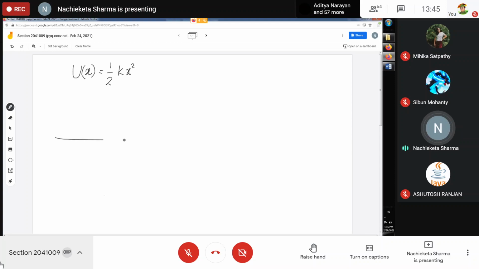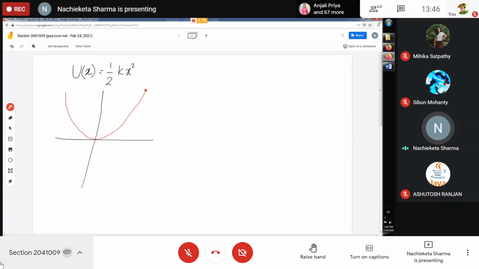So if I take x along the horizontal axis and Ux along the vertical axis, at x equal to 0 you will get this value. But for the same x value, that is plus or minus x, you will get the same U. So your graph will look like this. You have got such a graph.